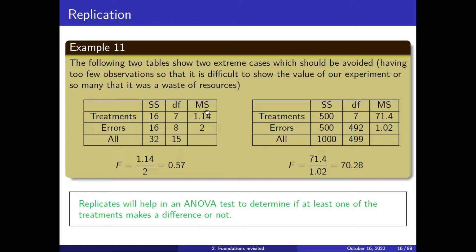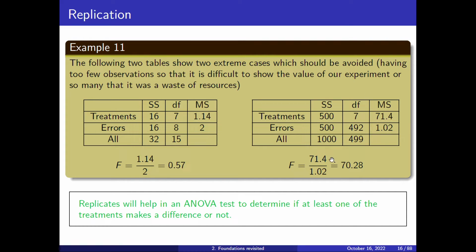But what we are sure of is that having the same number of degrees of freedom is really a danger, because we will not have enough power to detect changes in the treatments, and that is given by this F being very small.